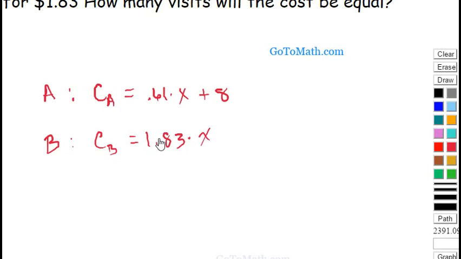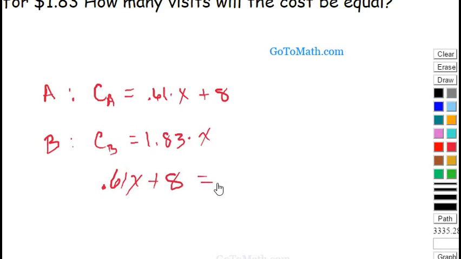So we've set up both of our relationships here, and what we want to do is solve for x. So 0.61x plus 8.